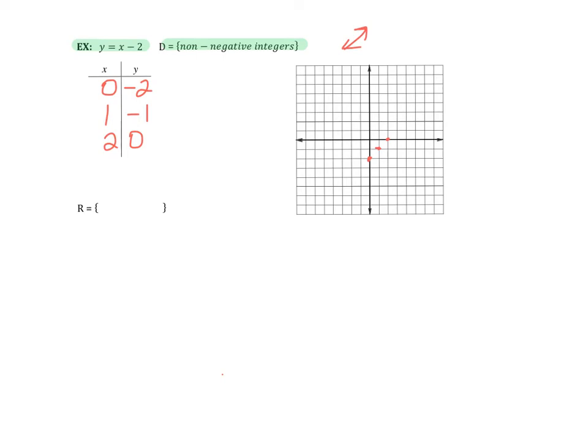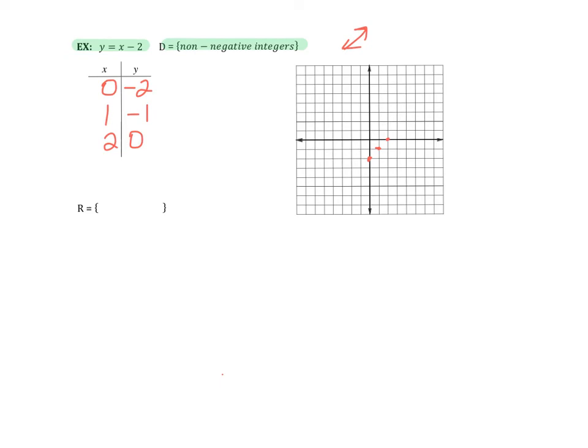Or you pick something in between 3 and 4 right here. Whatever that x value is that's associated with that, that is not an integer. So by doing that, we've misrepresented what that domain restriction is giving to us.